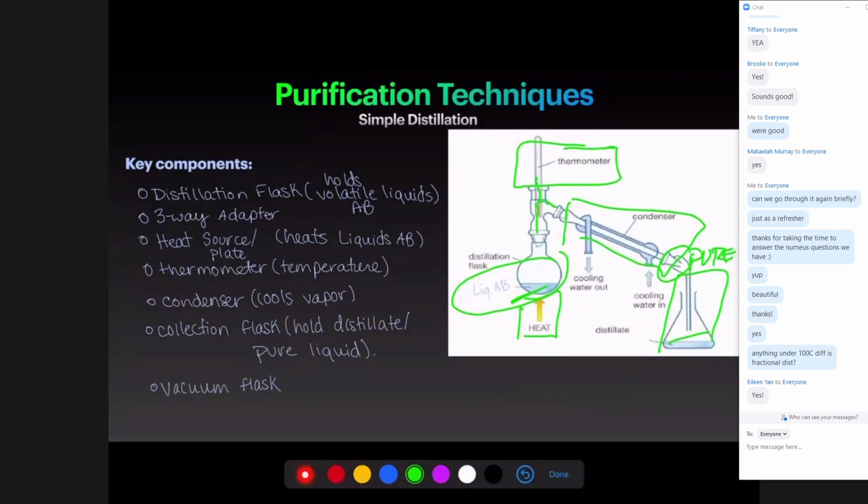That is where the vacuum flask would be, basically to make sure nothing escapes before it reaches. Okay, great. Thank you.